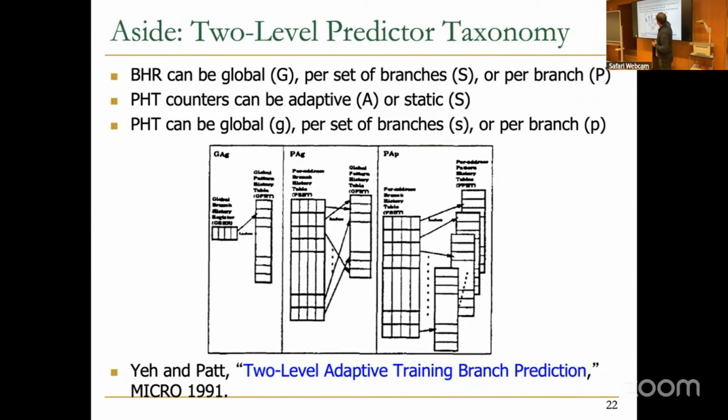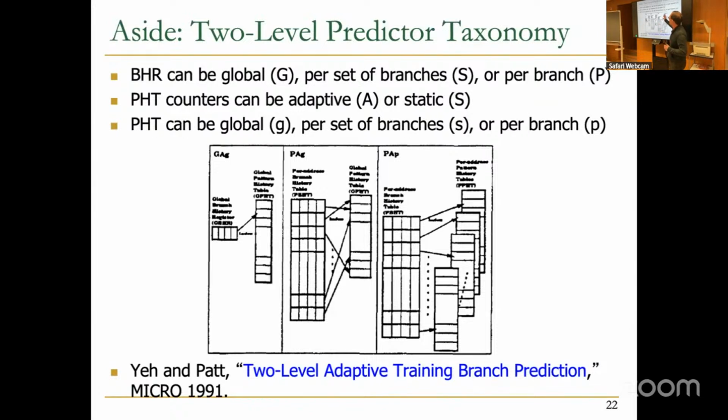Okay, so on the other extreme, you can have a branch history table per branch, right? Every single history register belongs to a separate branch over here. Clearly not realizable in reasonable hardware. And then basically you have this also per branch. So that's also clearly not realizable, right? This is the most expensive form, which is not realizable.